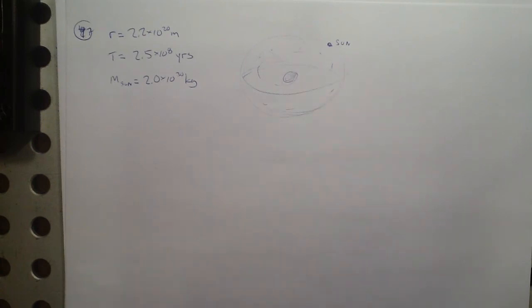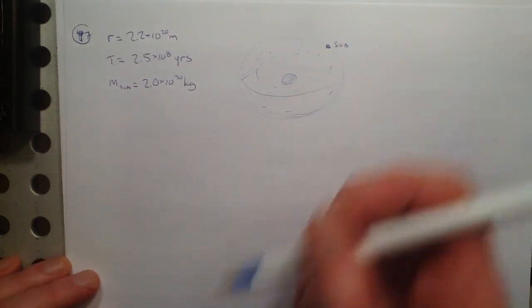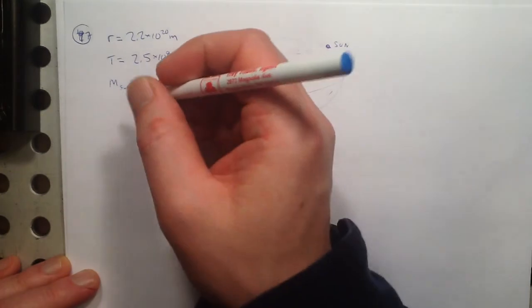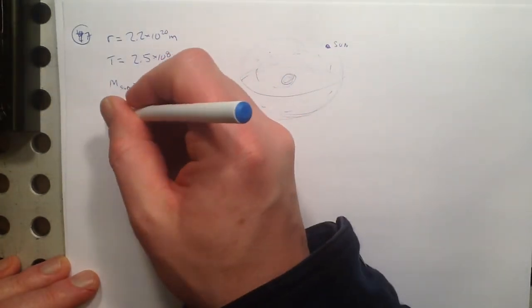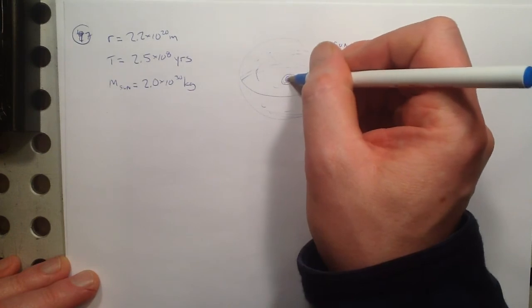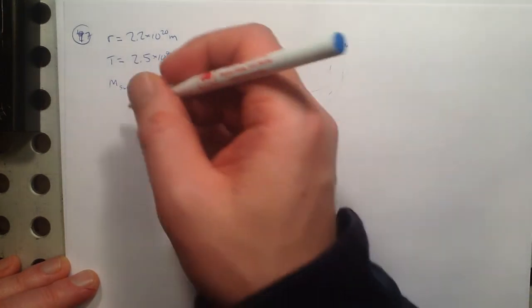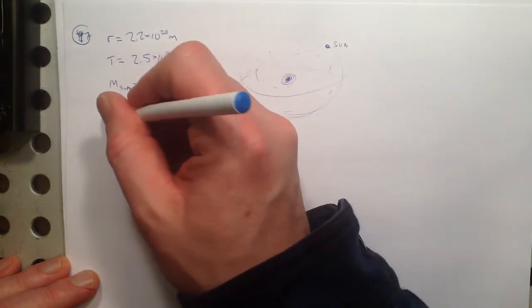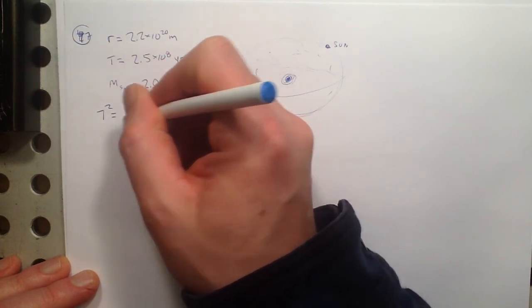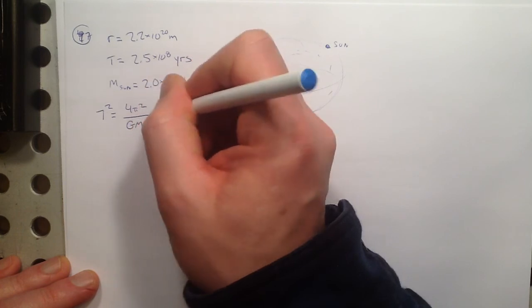So what I think they're suggesting that we do here is consider that the whole Milky Way Galaxy is like that mass in the middle, right? So we have Kepler's third law, T squared is equal to 4 pi squared over GM times r cubed.